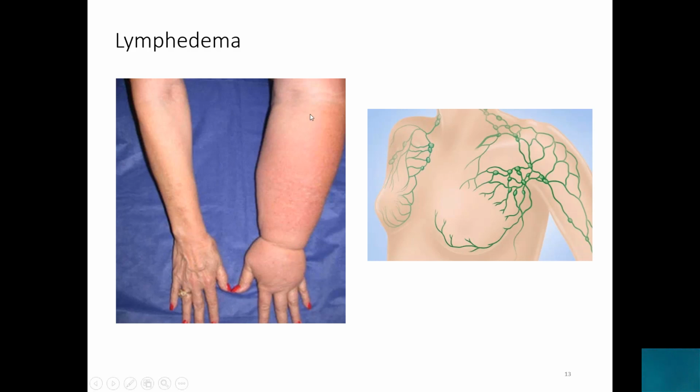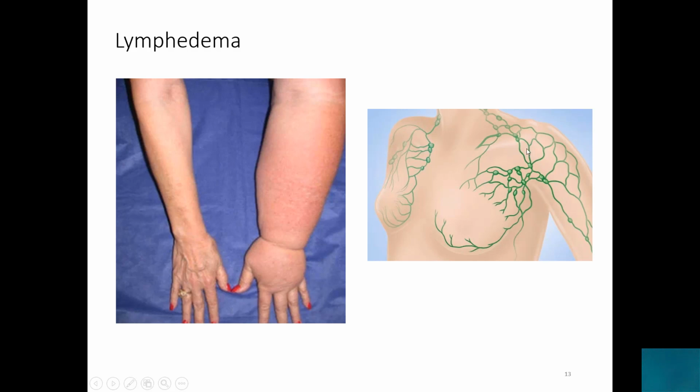That condition is called lymphedema. What can cause it? It's a blockage of the lymphatic vessels. How can it happen? For example, if a woman had breast cancer and that cancer was removed, and if it was stage 2, usually they also remove lymphatic vessels and lymphatic nodes, so the flow of lymph is interrupted.